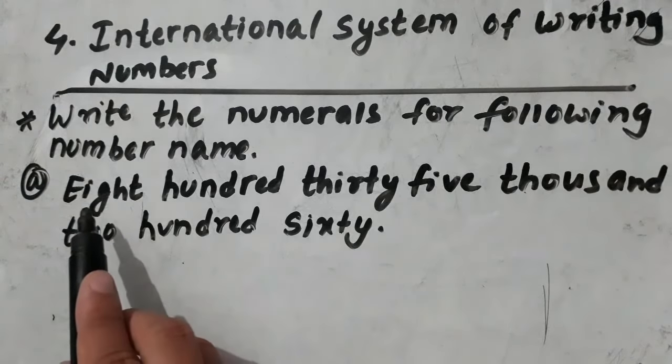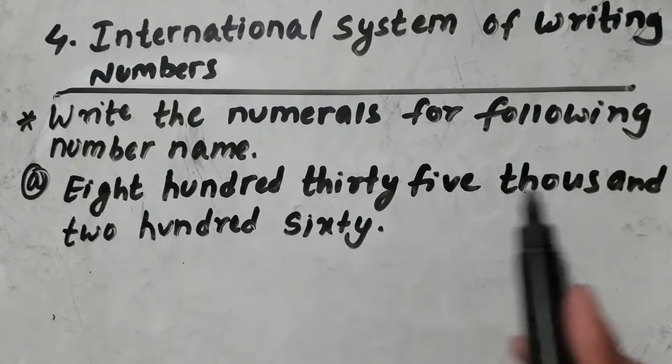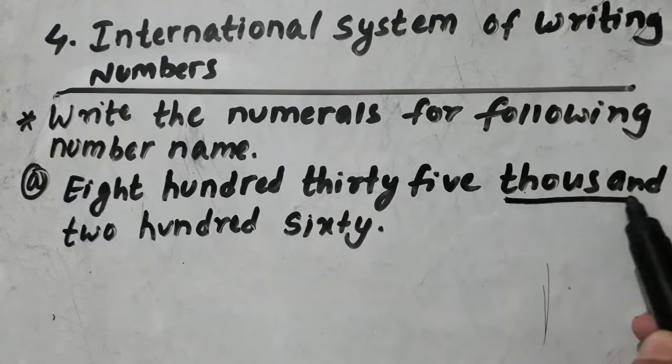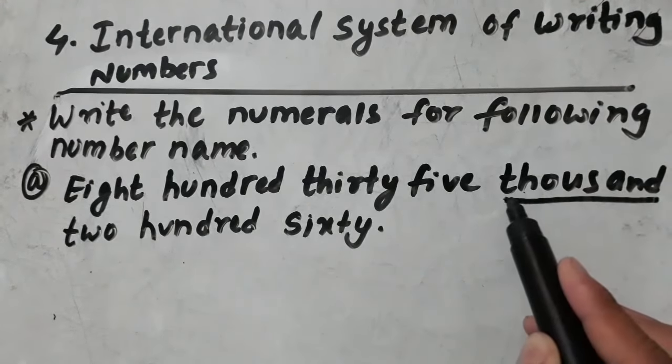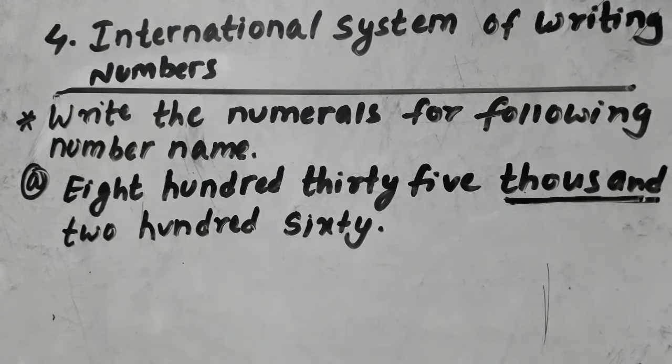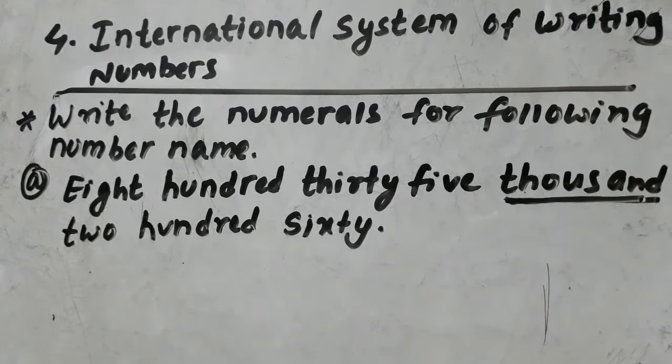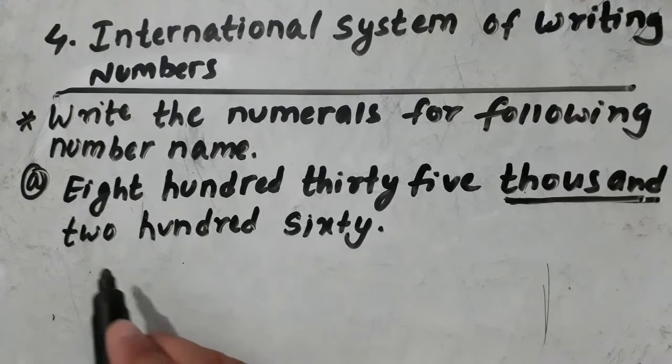So let's consider first. Here 835,000. So students, this is the period thousand, and after thousand, whatever is there, that is the period of ones.